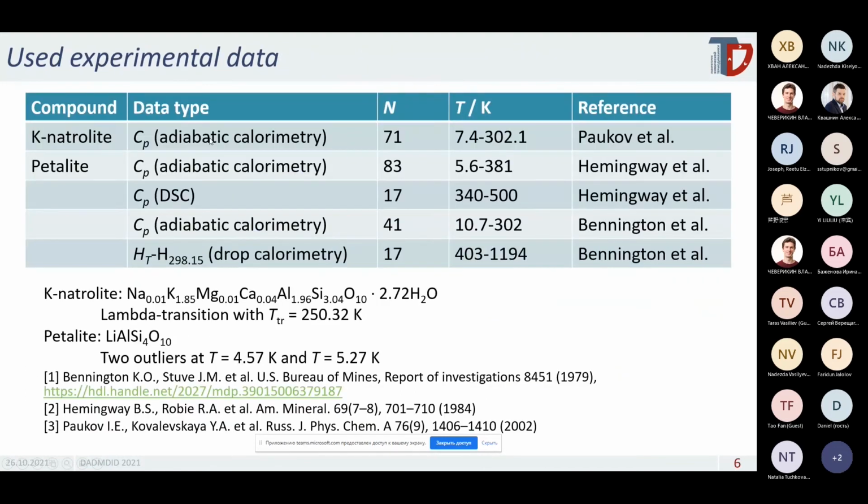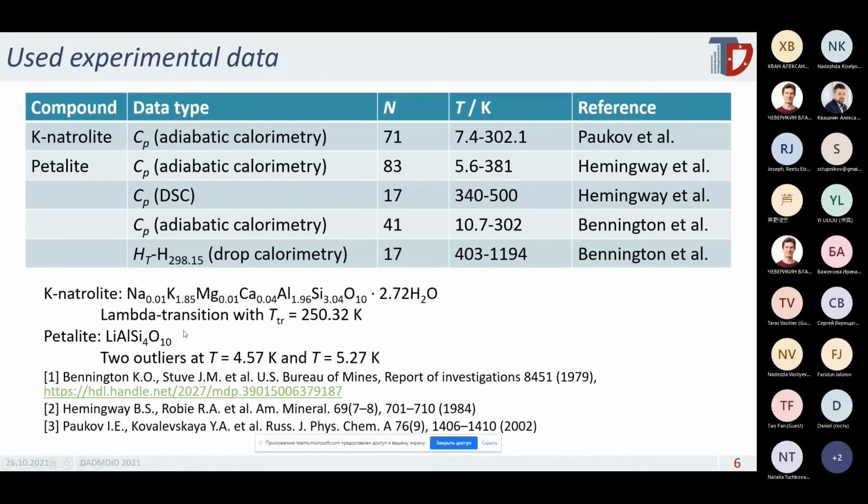In this work, the following experimental data were used. For potassium substituted natural light, only heat capacity data obtained by adiabatic calorimetry were accessible. These data have a lambda transition at this transition temperature.